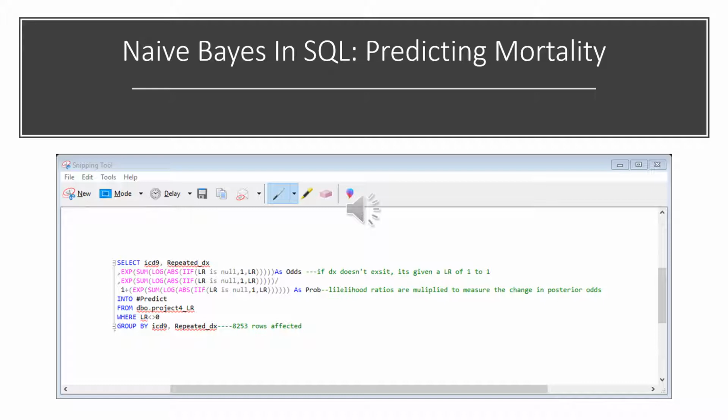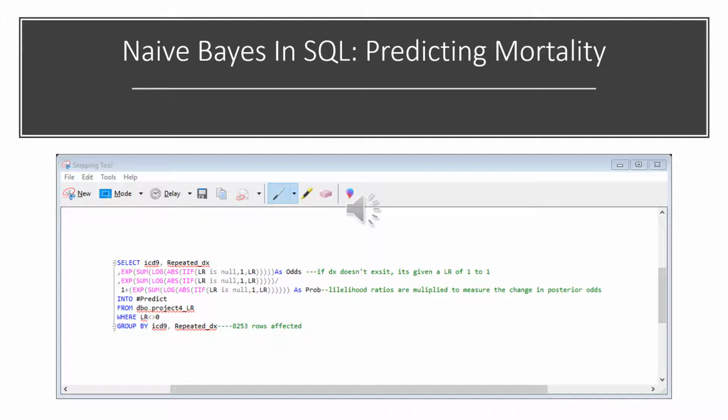Once a likelihood ratio has been calculated for the diagnoses, those likelihood ratios can be incorporated into this SQL code that is present on this slide to determine the odds and probability of diabetes.